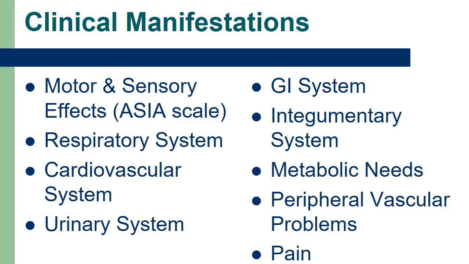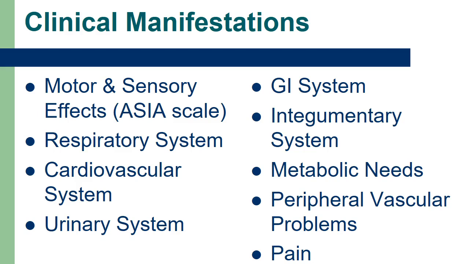In the cardiovascular system, any injury that is above T6 will cause dysfunction in the sympathetic nervous system, leading to bradycardia. We really have to think about that if we are suctioning somebody or doing something to that patient that could trigger the vagal response.